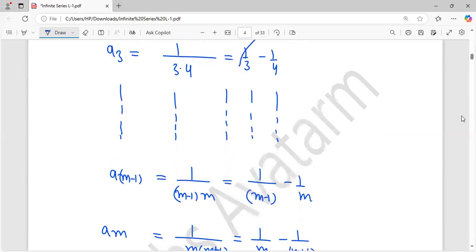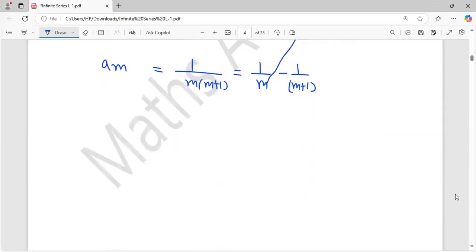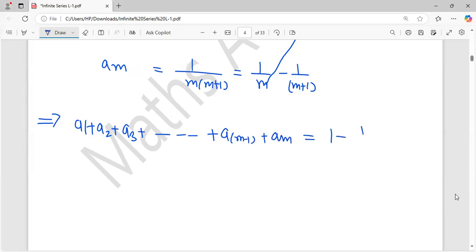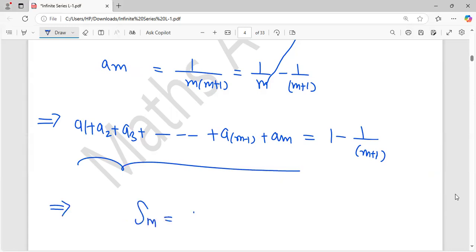Okay, so 1 by 4 will also be cancelled out by the next. This way these are cancelled out. So this implies a1 plus a2 plus a3 up to am minus 1 plus am is equal to 1 minus 1 upon m plus 1. Okay, so what is this sum? This sum is Sm and this is 1 minus 1 upon m plus 1.